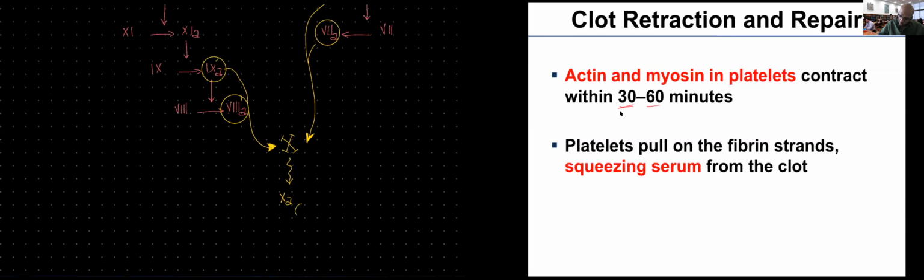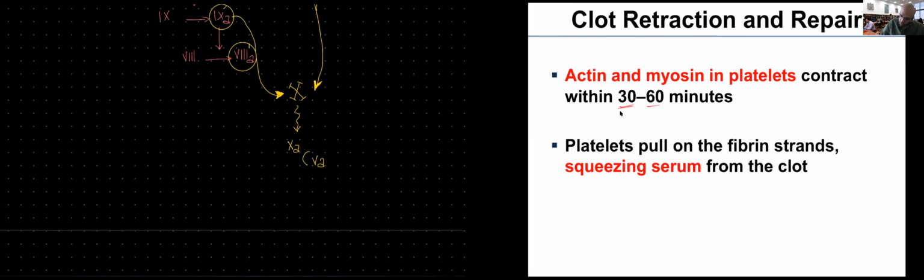Activated 10 activates also factor 5. And if you remember, activated 10 is what we've called the prothrombin activator. And if you remember from the name, prothrombin activator is activating prothrombin into thrombin.